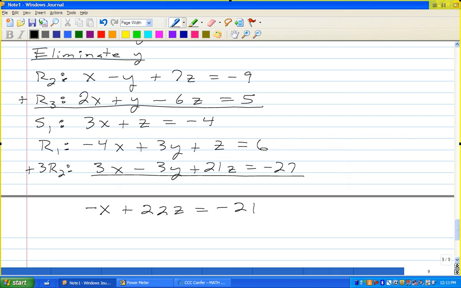Call this S2. So I have S1 and S2, a system of two equations and two unknowns, and I want to eliminate, let's say, x.